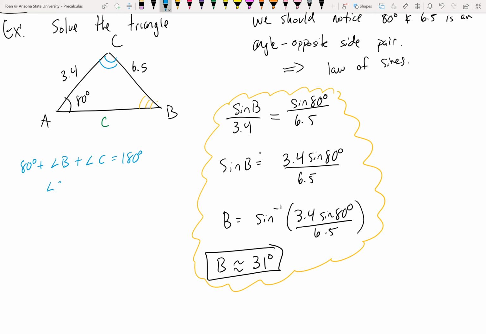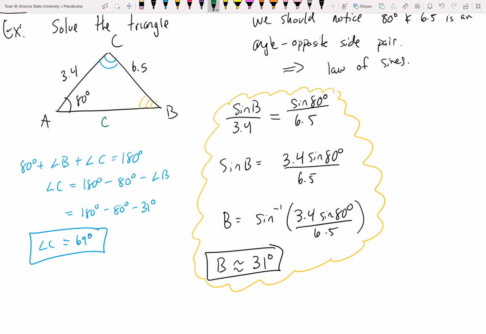So that means angle C should be 180 minus 80 minus angle B. But we just solved for angle B. So that's 180 minus 80 minus about 31. So that gives us angle C to be 69 degrees.